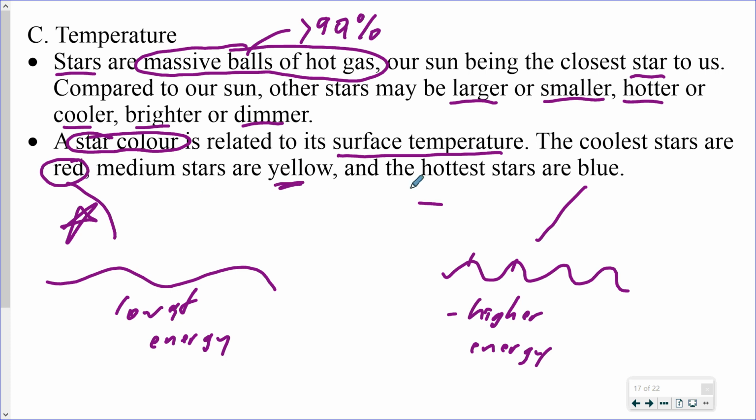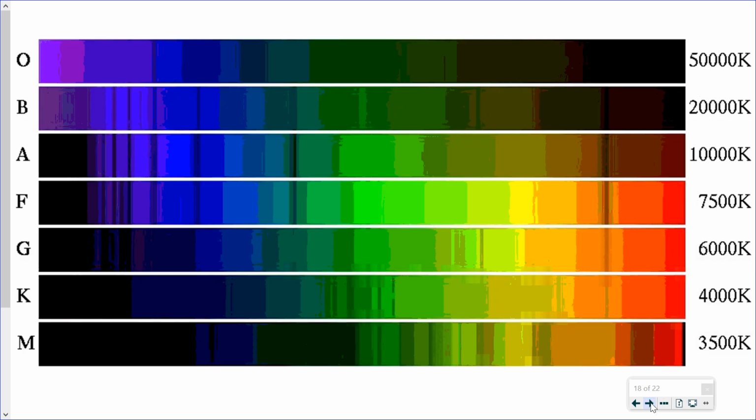Our sun is yellow. It's somewhere in the middle. The hottest stars are blue in color. They do say that the overall average color of the universe as a whole is kind of a greenish turquoise. So kind of in the middle in terms of the temperature of the entire universe. This is just to make it kind of visual. Down at the bottom here, this is measured in Kelvin.